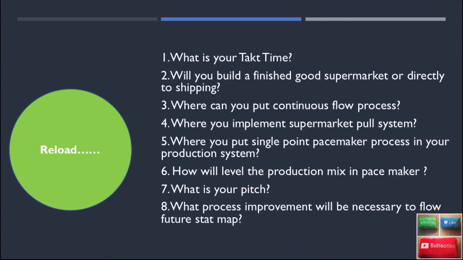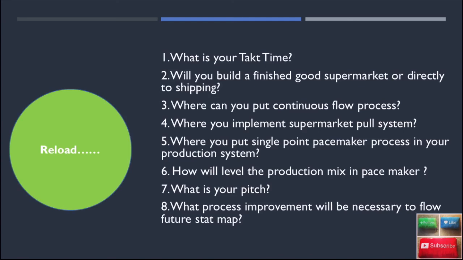Fifth is which process or point you want to make the pacemaker in your production system, which is the leader of the process that controls every process. Sixth is how you will do the production mix, how you will create the batch sizes, and how frequently you change.